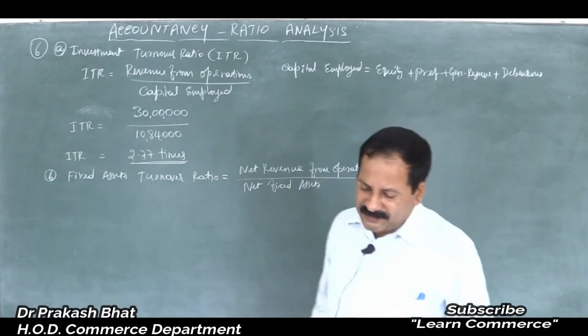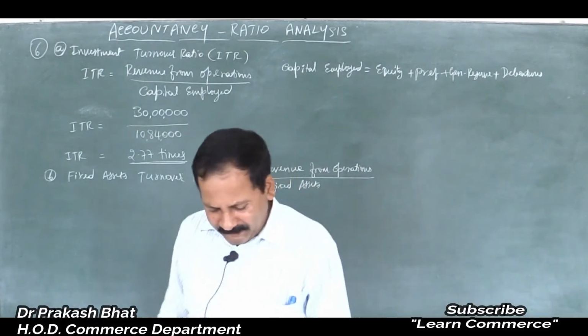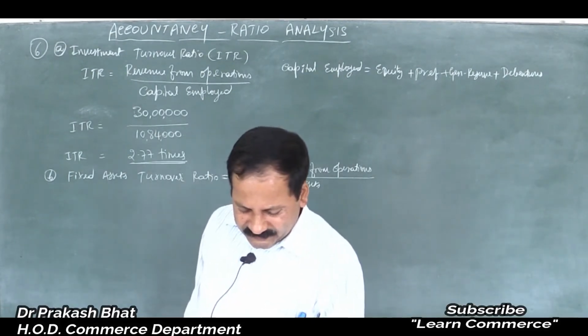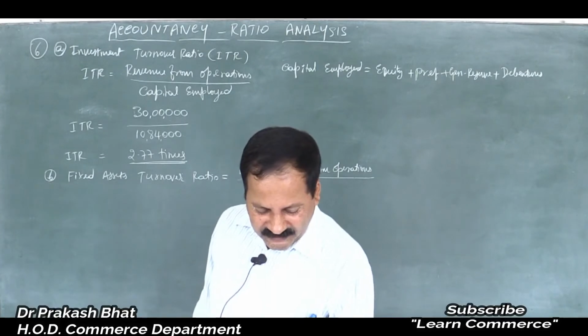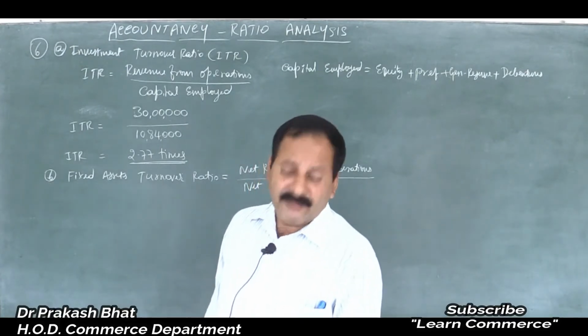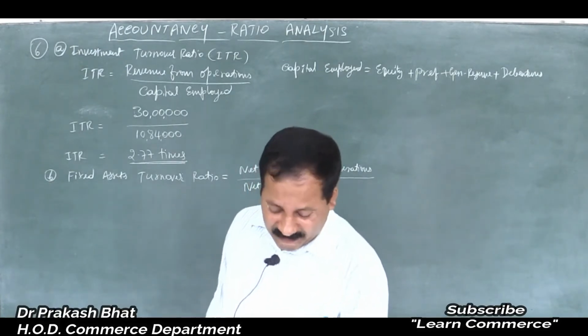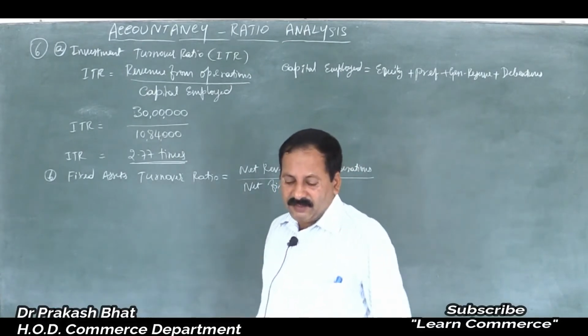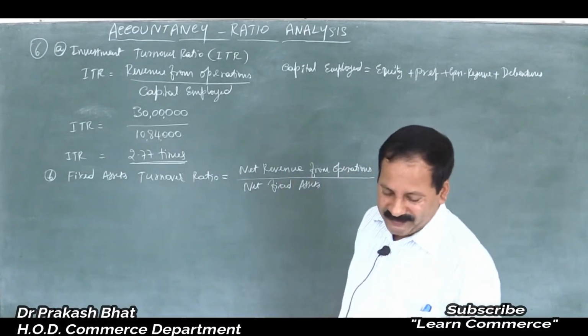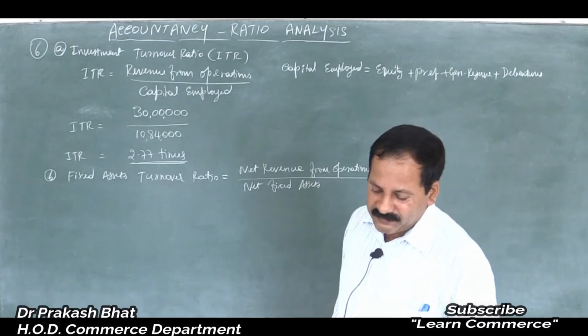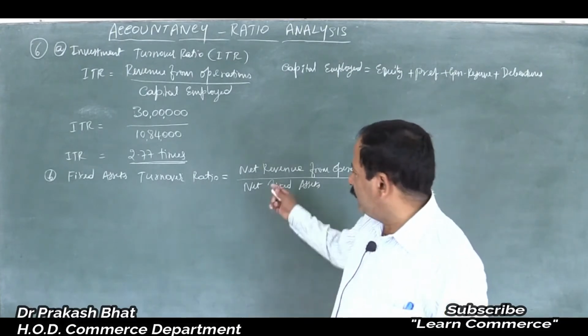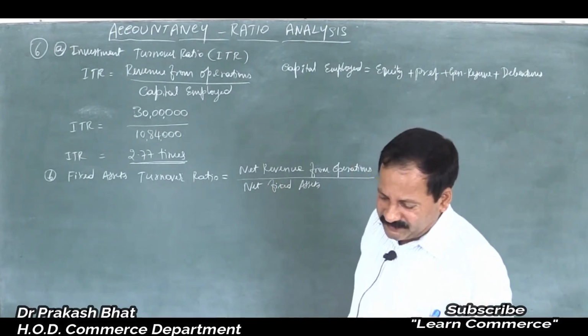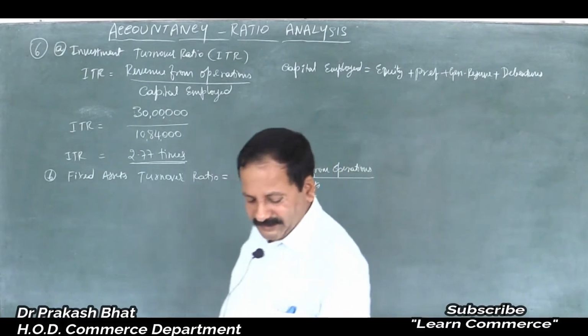How much is net fixed assets, whether it is given in the problem, fixed assets are given, isn't it? That itself is the net fixed assets, because fixed assets minus depreciation is net fixed assets. Here there is no depreciation, so straight away take the same figure. Then net revenue from operations already given in the problem, it's 30 lakh.